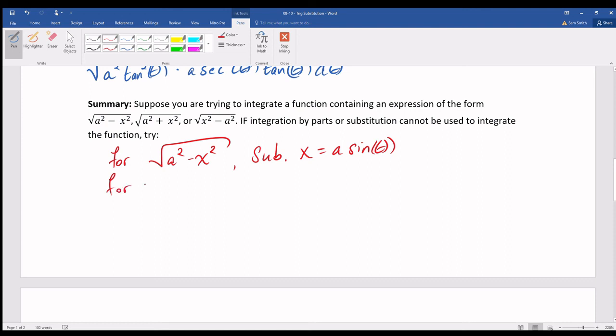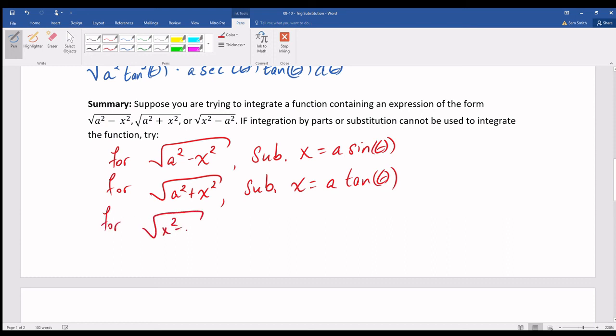For the square root of a squared plus x squared, substitute x equals a tangent theta. For the square root of x squared minus a squared, substitute x equals a secant theta, and use the Pythagorean identity to simplify that quantity, and maybe you will end up with something that is easier to integrate than what you originally had.